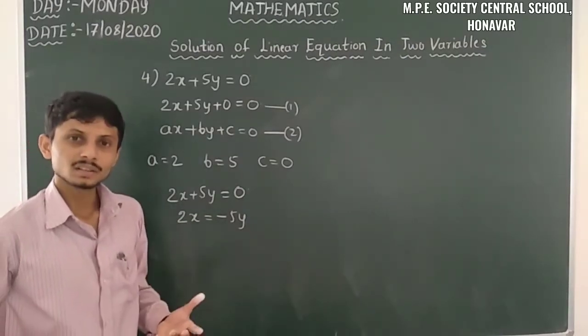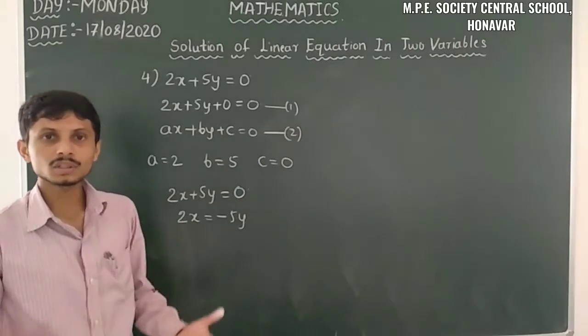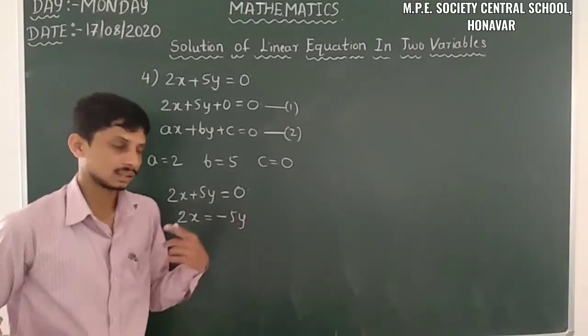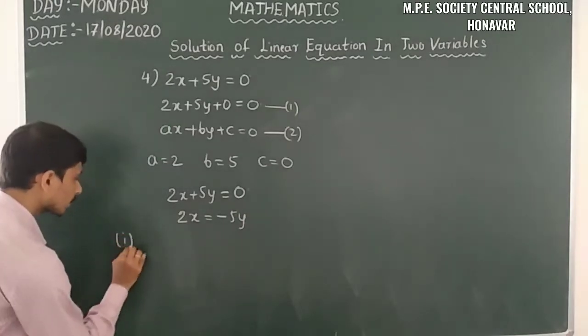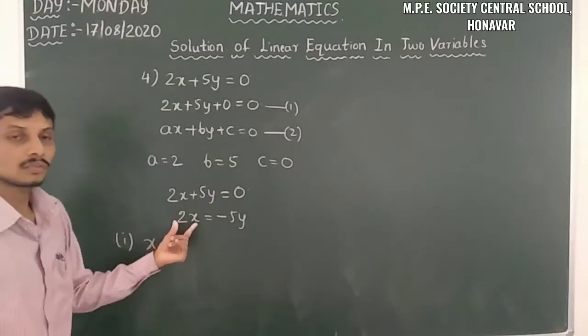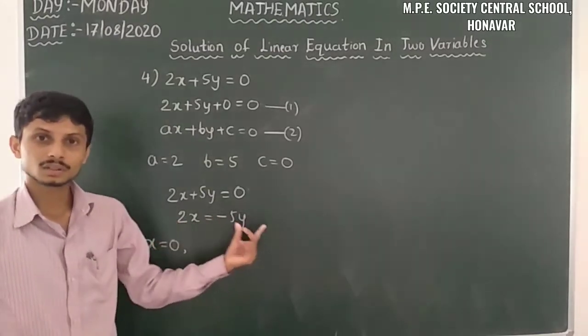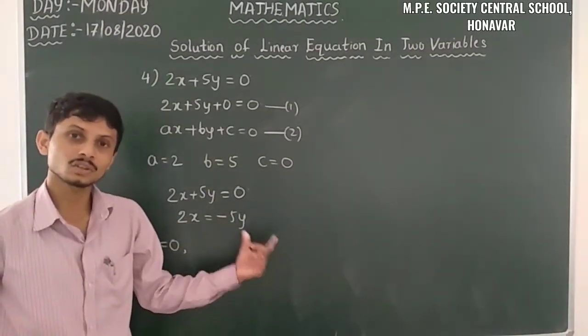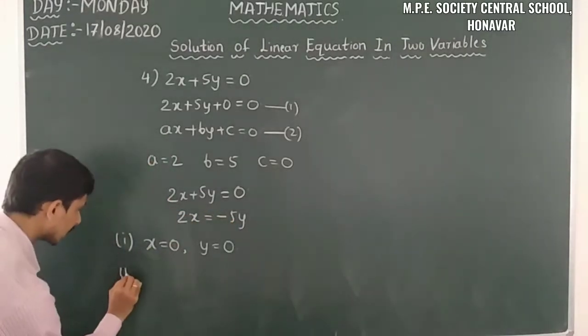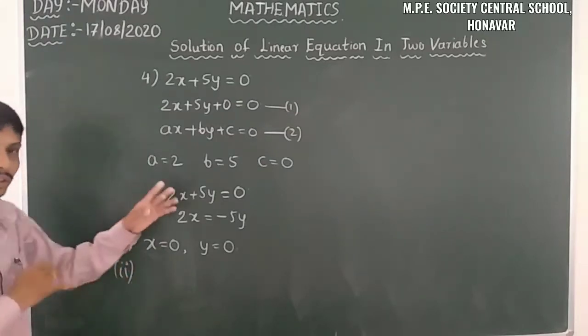You can take any value of x, and simultaneously you can find the value of y. Firstly I will take x is equal to 0. So when the value of x is equal to 0, the corresponding value of y is also 0 here.